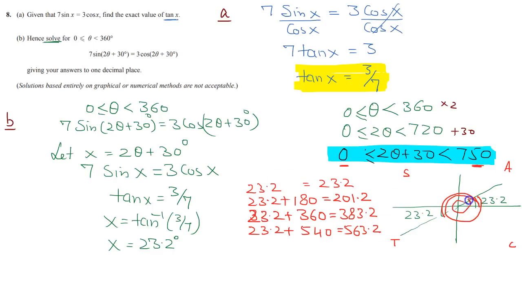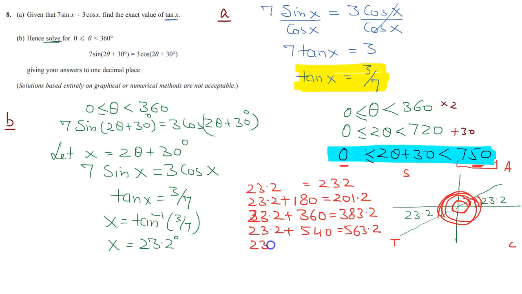This is 1, 2, 3, 4, 5, 6. How many? It should be less than 750.